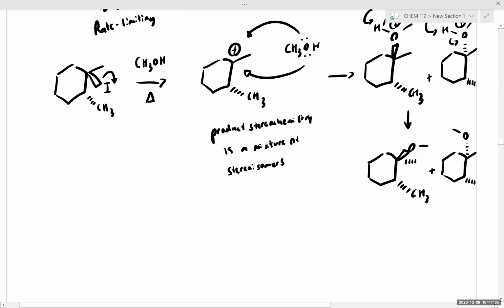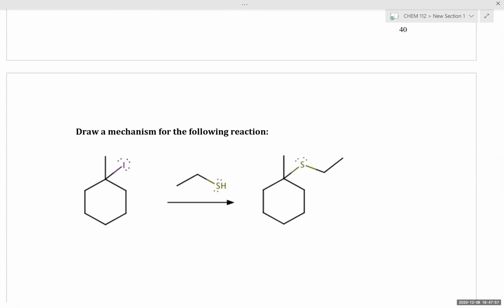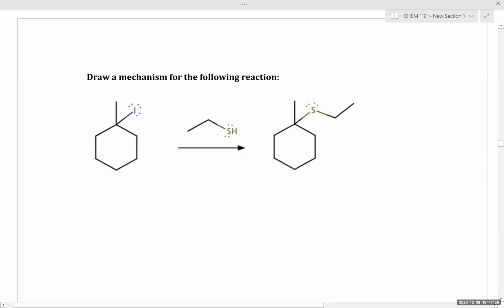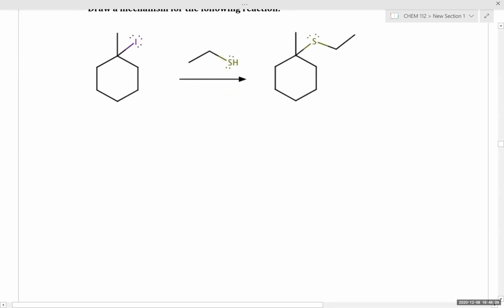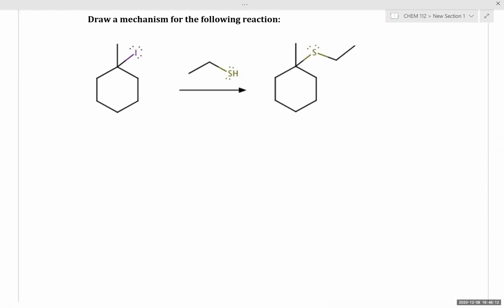So let's unpack this Sn1 reaction a little bit further, and let's practice the mechanism for the Sn1 reaction. Let's look at the following substrate, and I'd like us to draw out a full and complete mechanism for this reaction. So let's take about 3 minutes to work through this example.